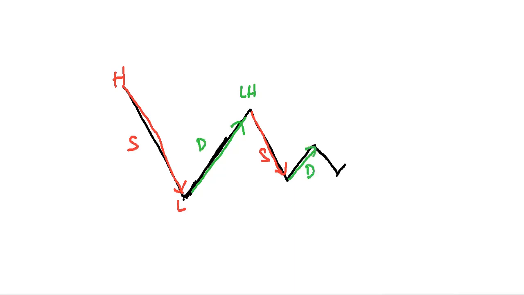This is again demand, creating a lower high again, and after that a supply comes in again. Well, this is a lower low, this is also a lower low. Okay, so we have annotated our chart.